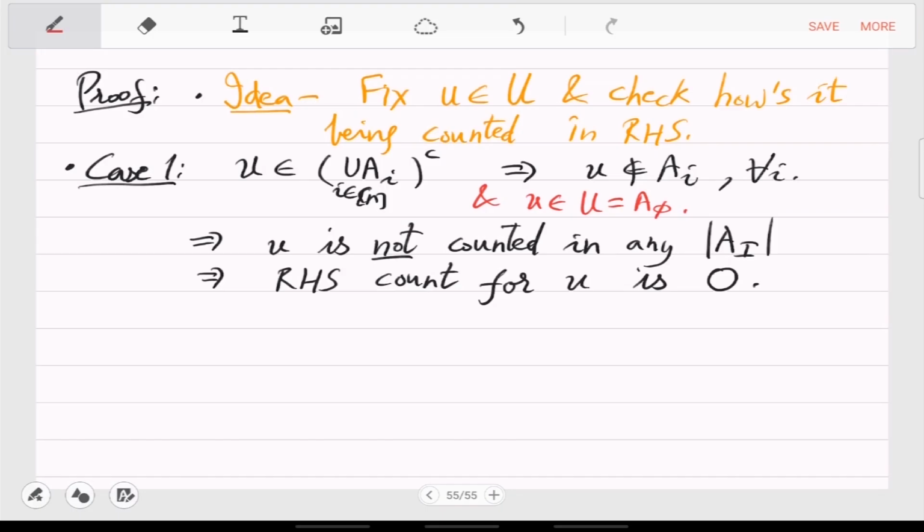So U is not counted in any AI except, and yeah, the left hand side it's counted once. So this case is done.